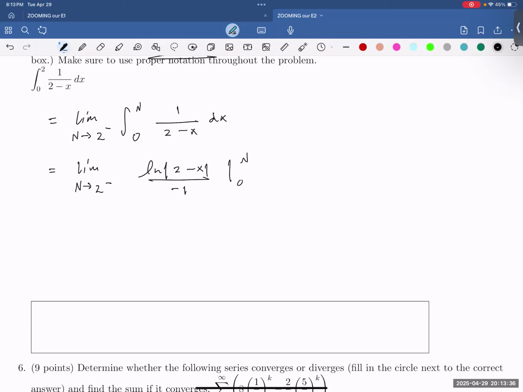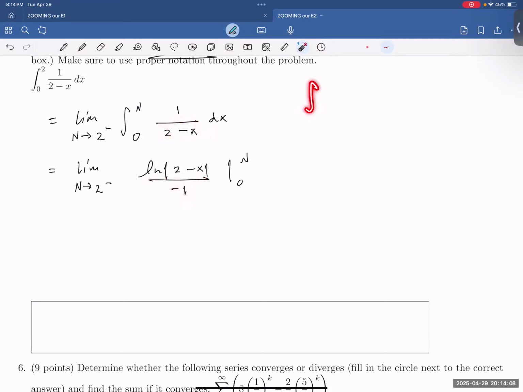From 0 to n. Okay, that antiderivative. If you have a constant over something with the derivative being a constant, then your answer is natural log of that denominator, but the derivative of the denominator is the constant negative 1, so you divide out by negative 1.